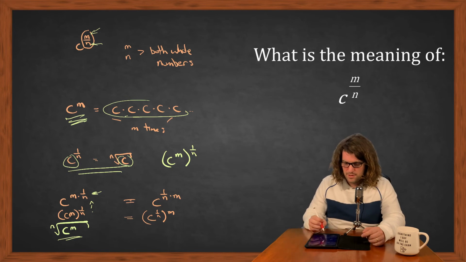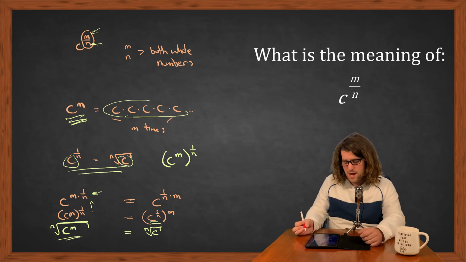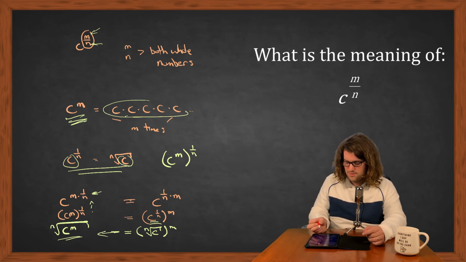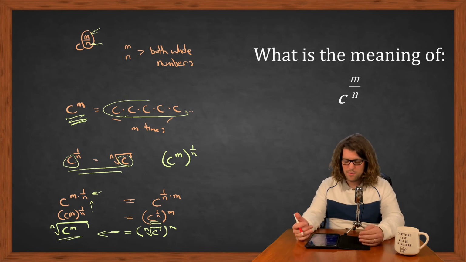But it's also true that we could say it the other way around. It's also the case that if we had the nth root of just c, which is the inner part of that bracket, and then we took that and raised it all to the power of m, then that would also be an equivalent way to say that, which means that these two things are still the same thing like they were up above.